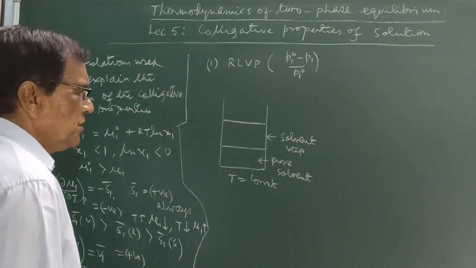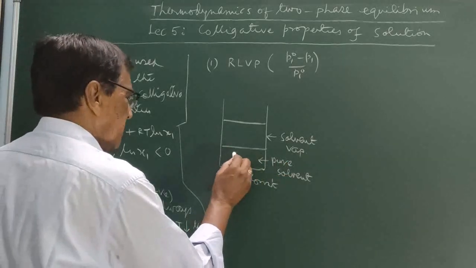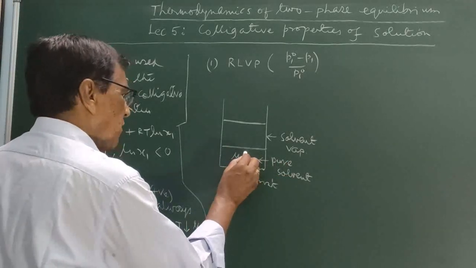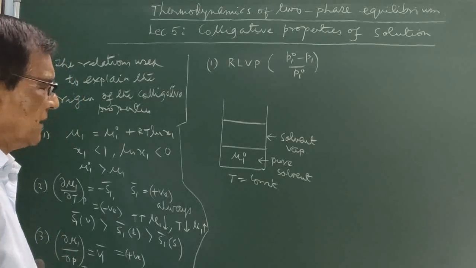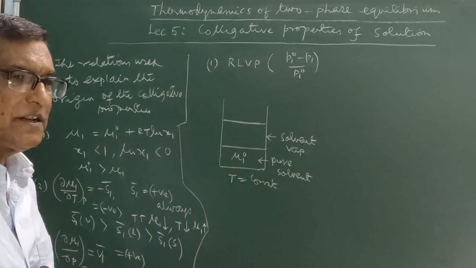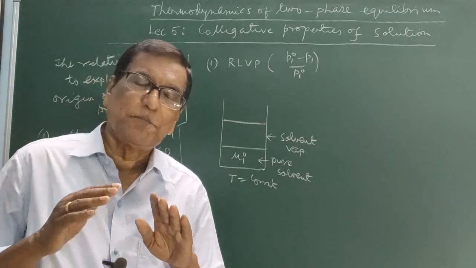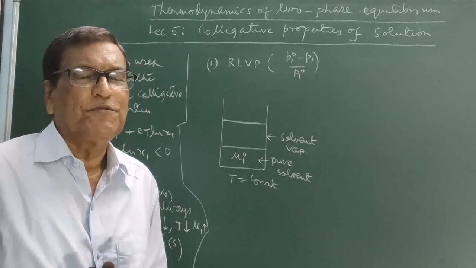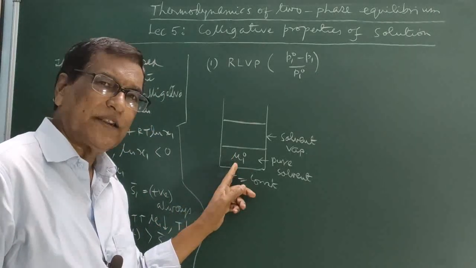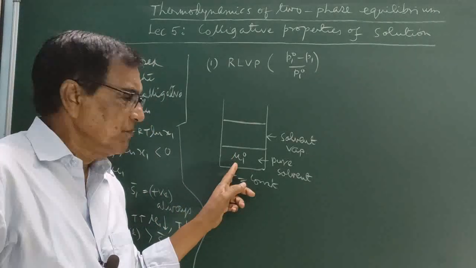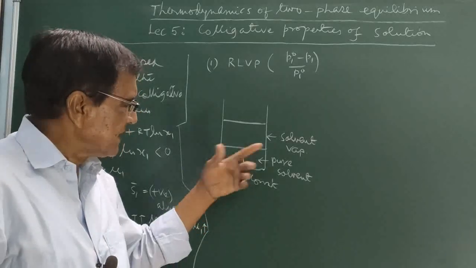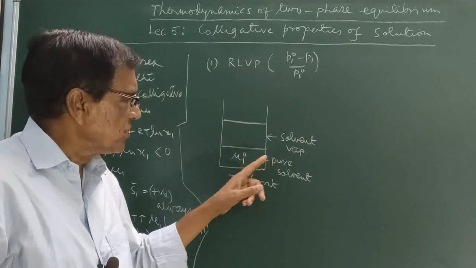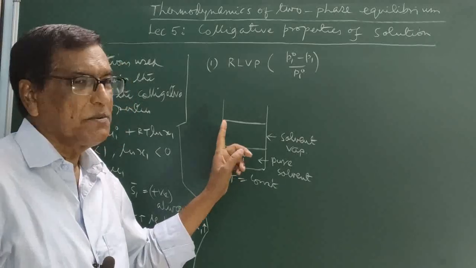So the chemical potential of this pure solvent we can write as mu1 naught, and this chemical potential measures the escaping tendency of the solvent to escape from this pure solvent, from the liquid phase to this vapor phase.